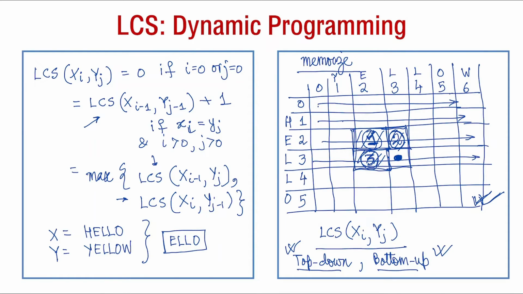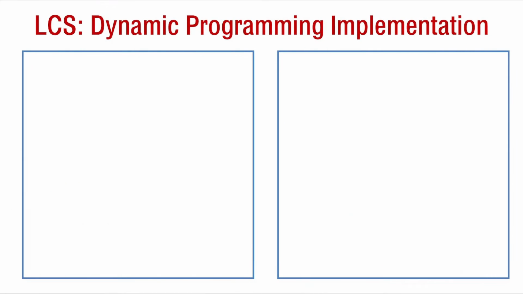Because when I compute this one, I have computed its predecessors. I could also compute it column-wise. I could do it this way. Or I could compute it diagonal-wise. So I could choose any of the methods to do an iterative algorithm. So we will now choose the row-wise method and develop the iterative algorithm.